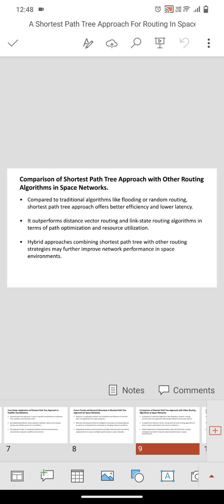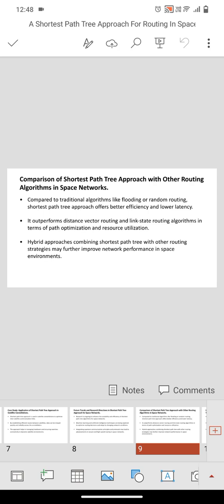You can see the next slide. Comparison of the shortest path tree approach with other routing algorithms in space networks. Compared to traditional algorithms like flooding or random routing, the shortest path tree approach offers better efficiency and lower latency.